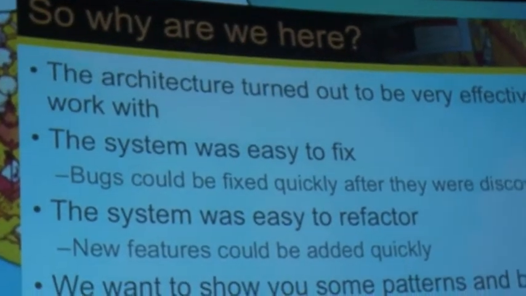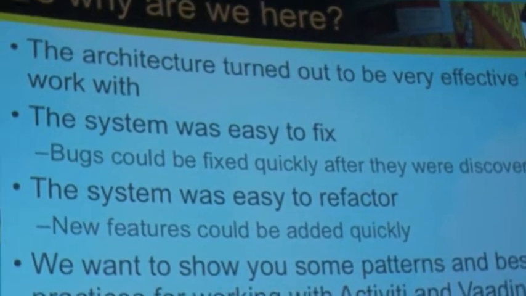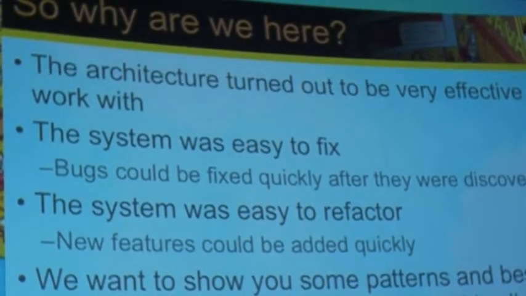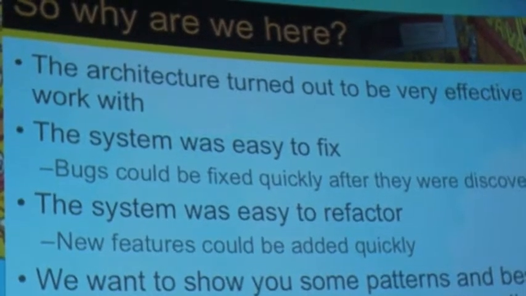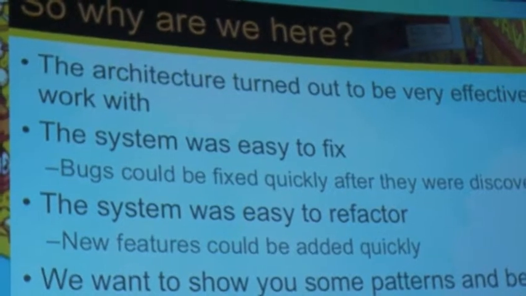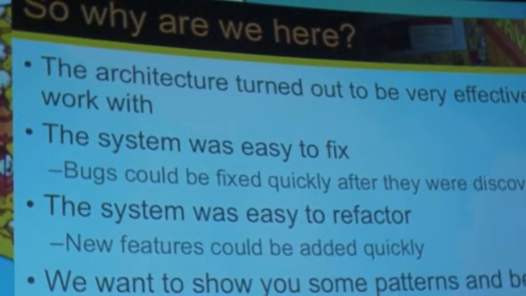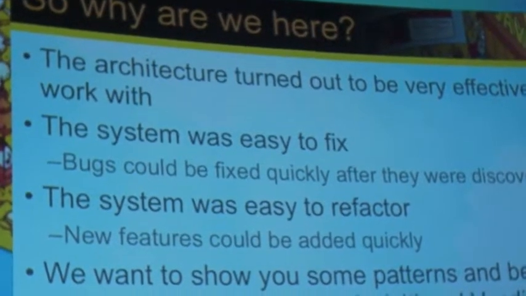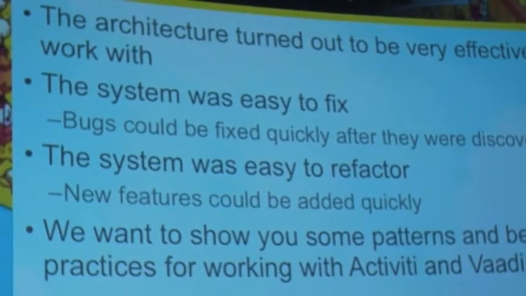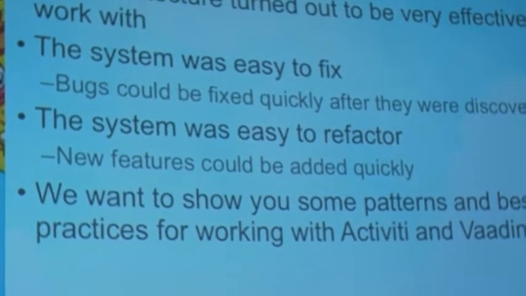So why are we here? The architecture we came up with turned out to be an effective way to work. Sometimes some bugs came up and we could easily identify which part of the application we should address, which part was responsible.